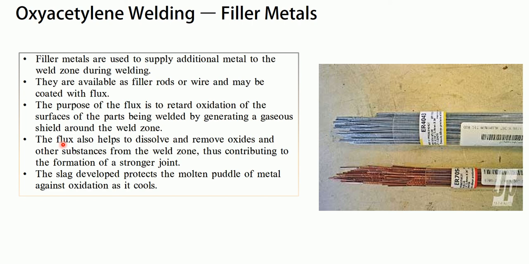The flux also helps to dissolve and remove oxides and other substances from the weld zone, hence contributing to the formation of a stronger joint. The slag developed protects the molten puddle of the metal against oxidation as it cools.